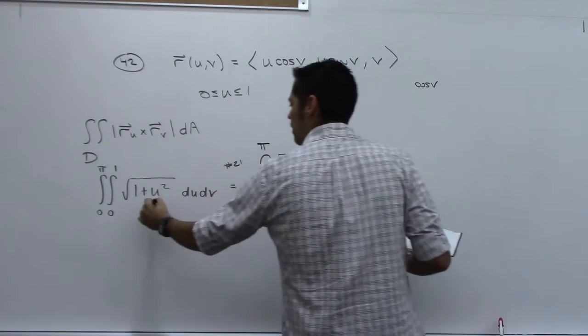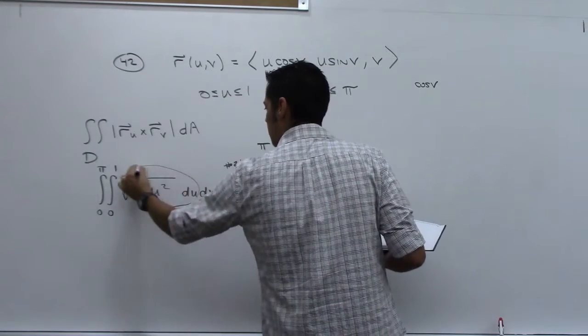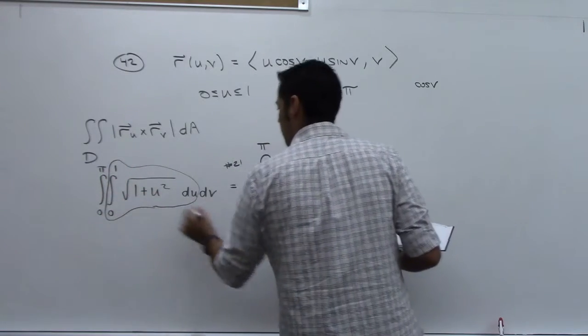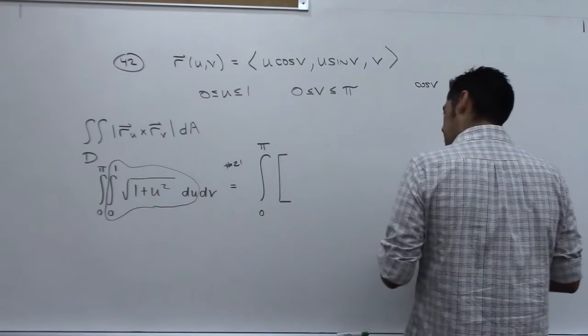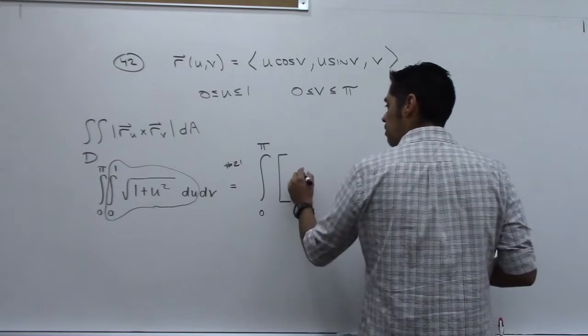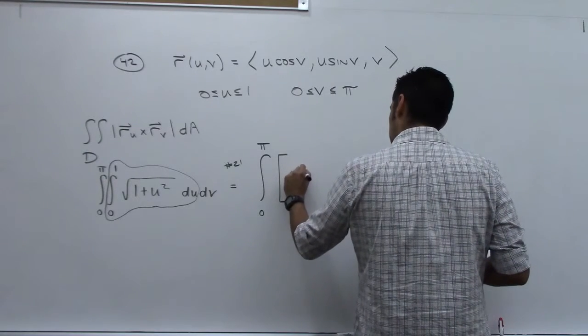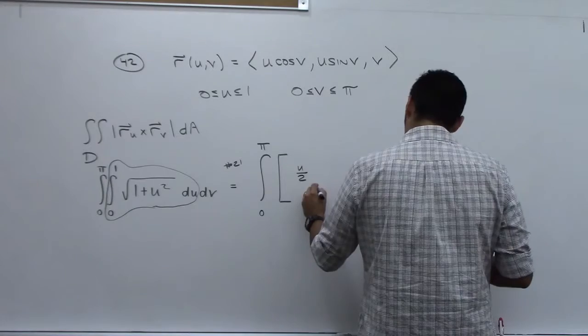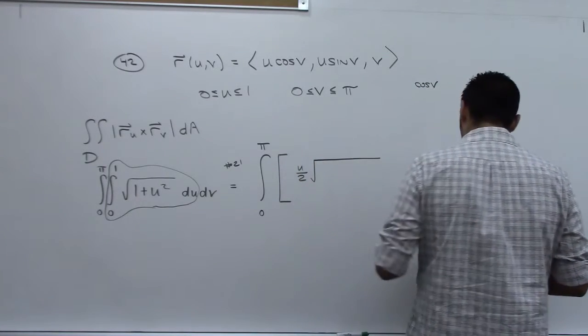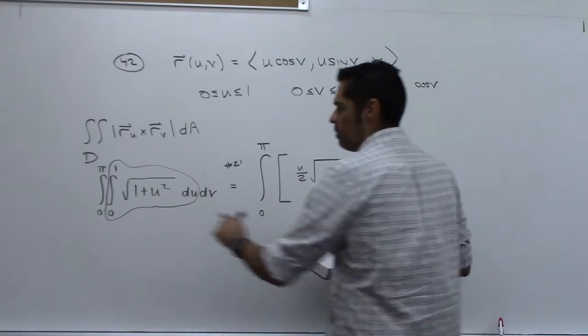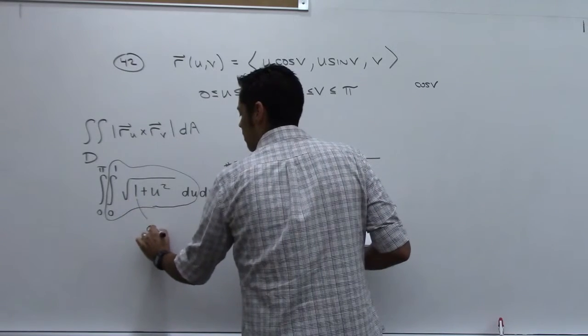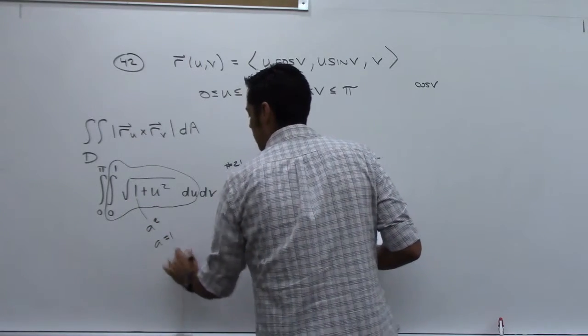The antiderivative of this with respect to u, so I'm looking at this right here, that is going to be u over 2, square root of, now the formula says a squared plus u squared, but for us, this is a squared, which means a is 1.